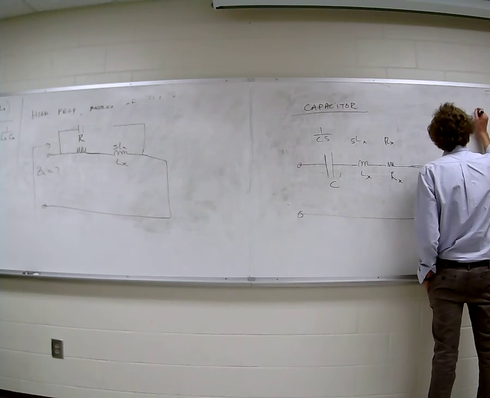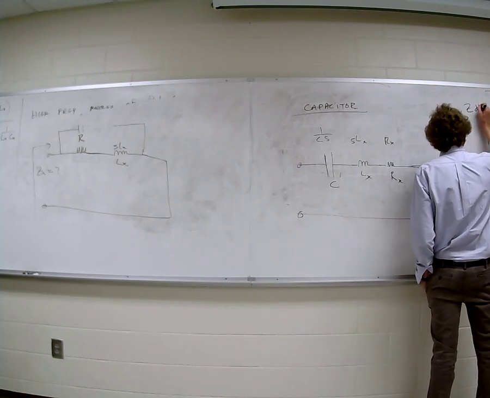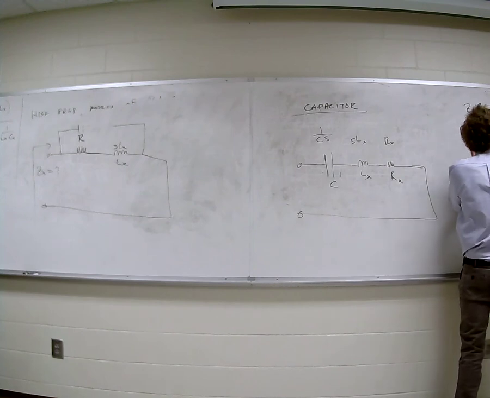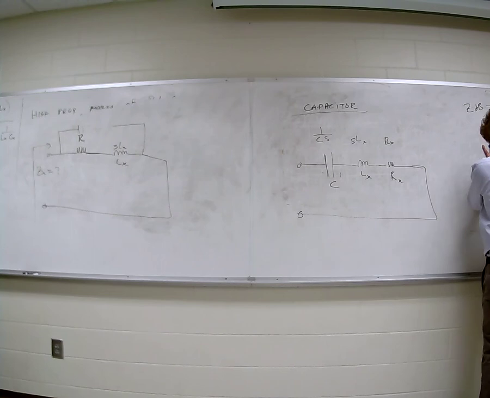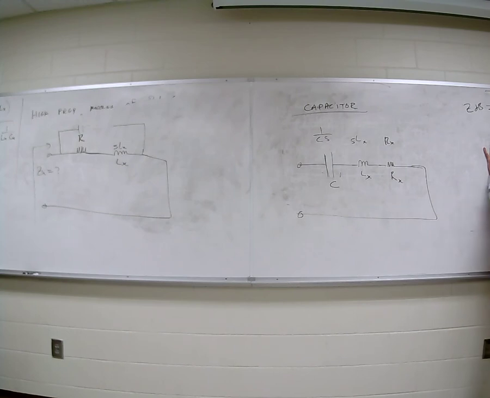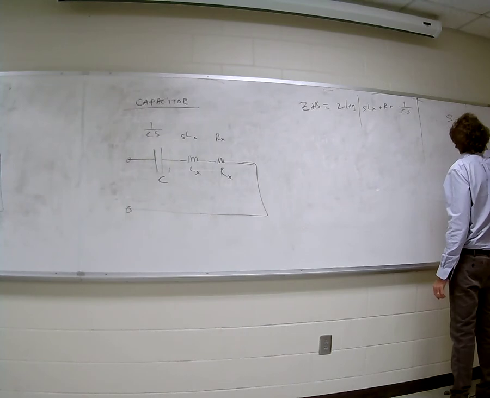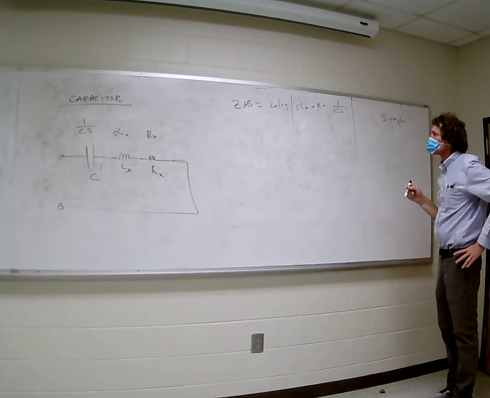So I can say Z, and I'll put it in terms of dB, of that impedance would be equal to 20 times the log of the magnitude, but I'm going to put the S Lx first, plus R, plus 1 over CS. And of course, in Dr. Ortler's book, he's going to take S and allow it to be J omega. I don't like doing that. I'm just going to do it this way.